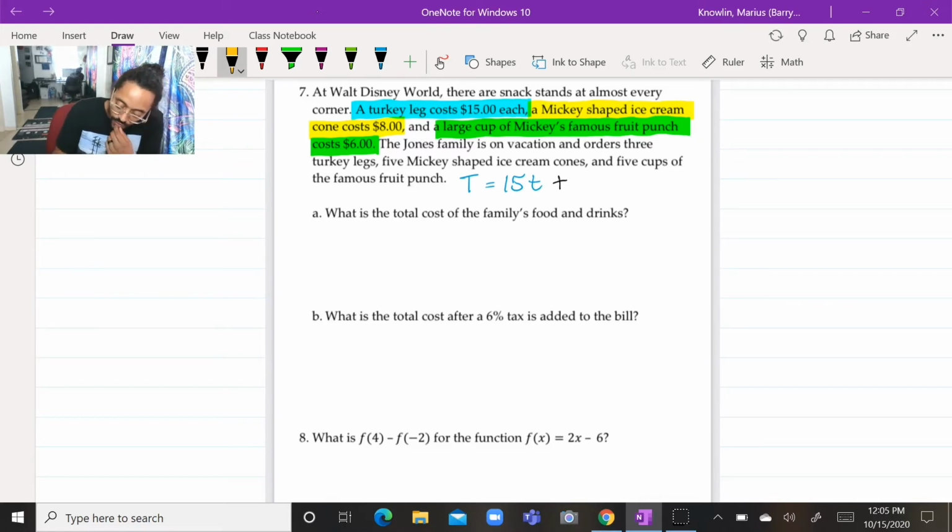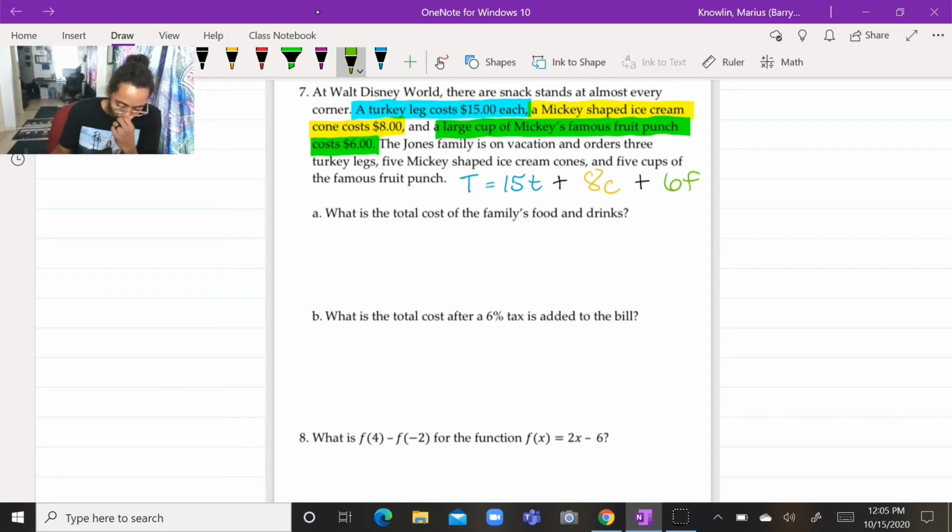For those ice cream cones, we'll use a C. So that's $8 per ice cream cone, plus, now it says a large cup of Mickey's famous fruit punch. I'll write that in green, and we'll use an F for fruit punch, and that's $6 for the fruit punch.